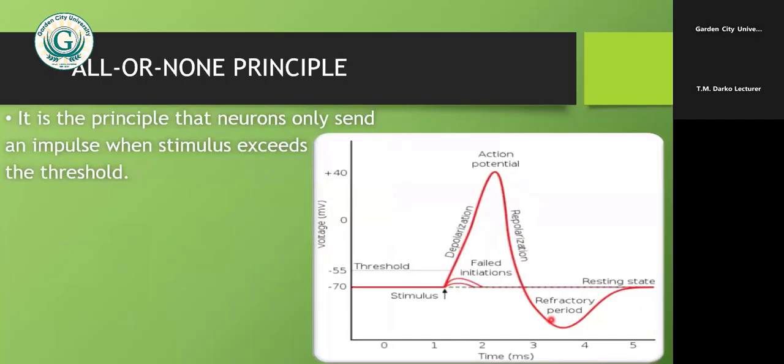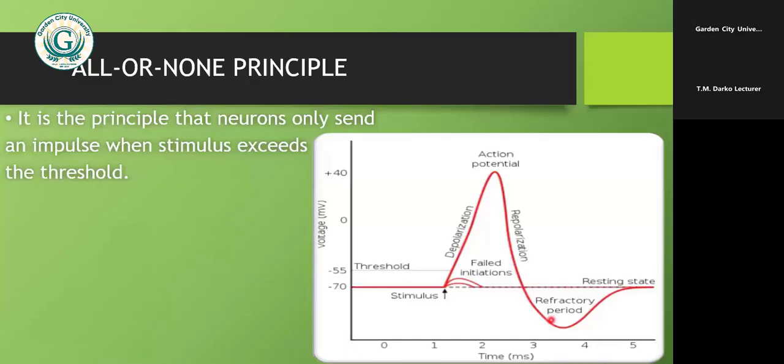Good. Now, what I want you to know again about action potential is what we call the all or none principle. What does it mean? It is a principle that states that neurons only send an impulse when the stimulus exceeds the threshold. Let me repeat the principle again.